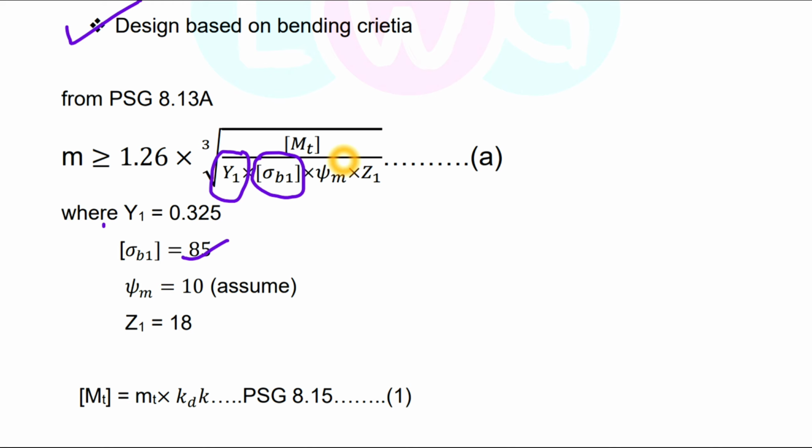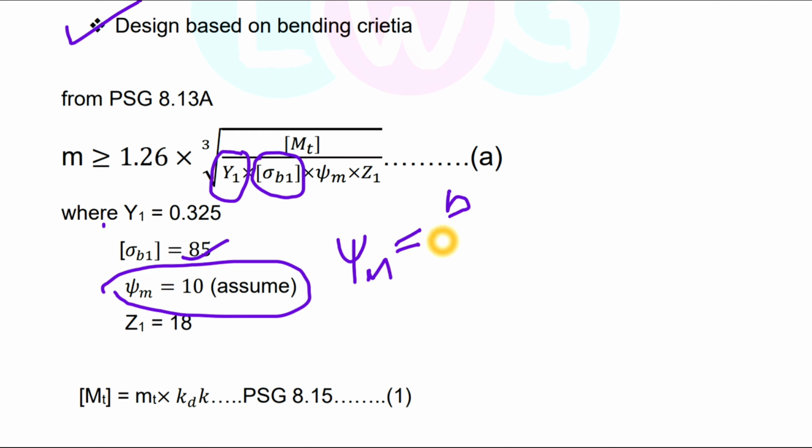Then psi m. The psi m value will be 10, it is assumed. Sometimes the width and module are given in the question, and at that time you have to find the psi m value. For finding this, the formula is psi m is equal to b upon m.